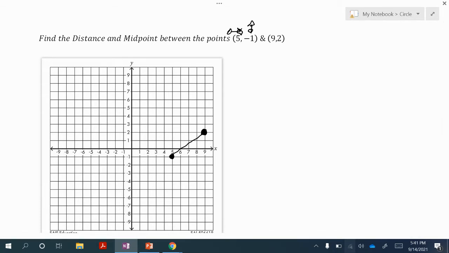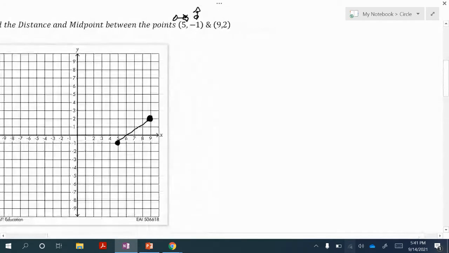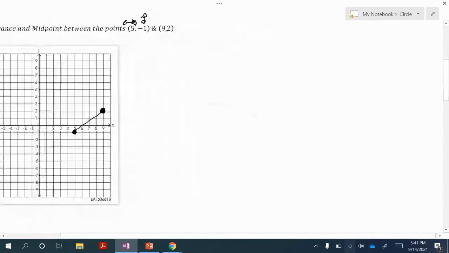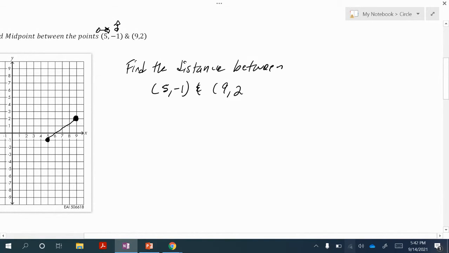Now, how can we find the distance between these 2 points? Well, we're going to use the distance formula. We're going to use the points 5, negative 1 and 9, 2.